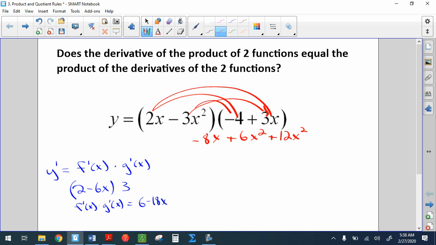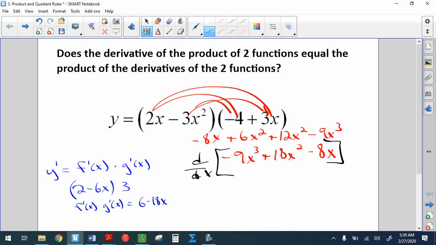Negative 3x squared times 3x is negative 9x cubed. So negative 9x cubed plus 18x squared minus 8x. If I take the derivative of that, I get negative 27x squared plus 36x minus 8.